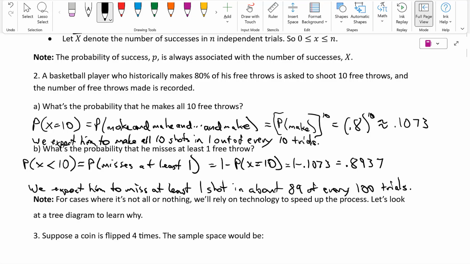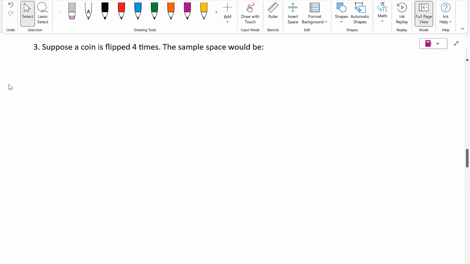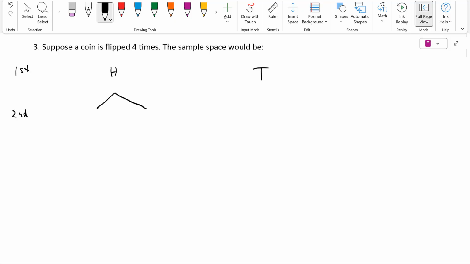All right, note for cases where it's not all or nothing, we'll rely on technology to speed up the process. Let's look at a tree diagram to learn why. So for 3, we have suppose a coin is flipped 4 times. The sample space would be, we'll draw out that tree diagram like we've done at least once before, but our first flip can be either heads or tails. On our second flip, we can get either heads or tails, regardless of what the first flip was.